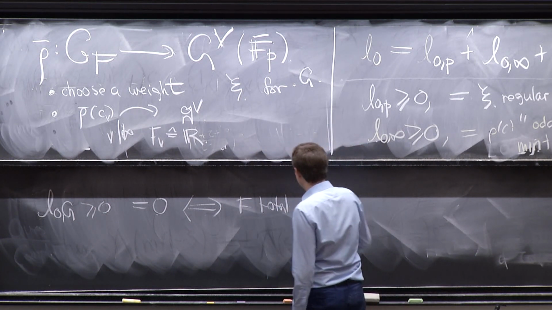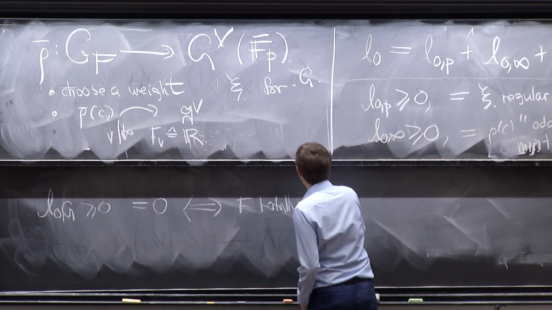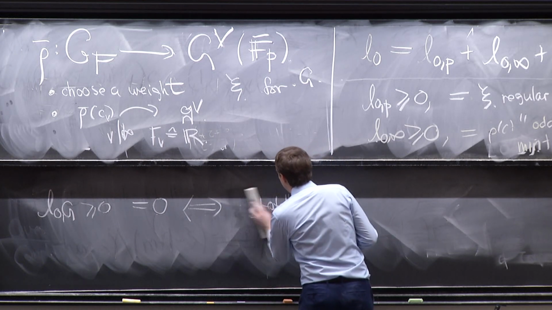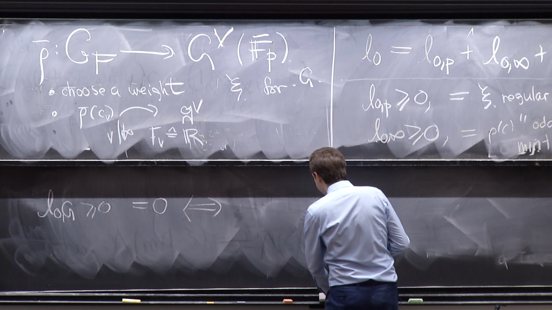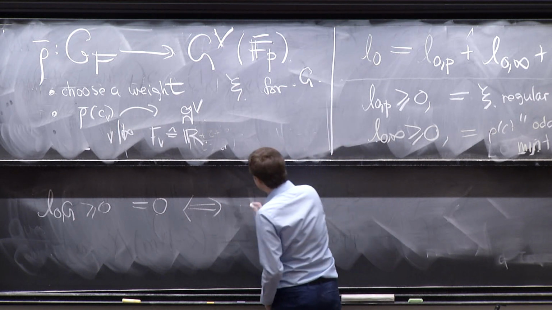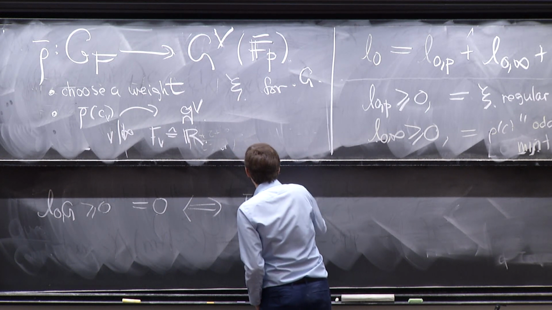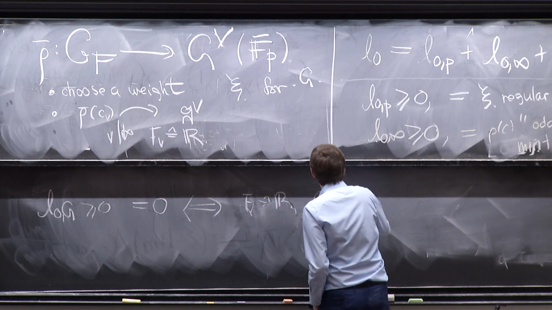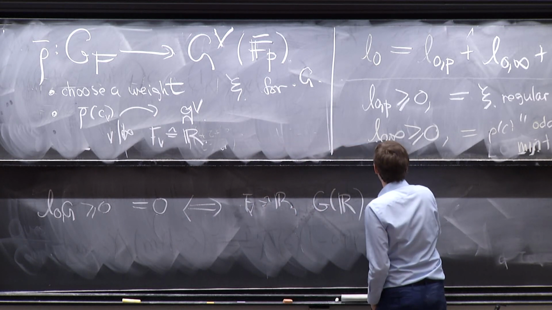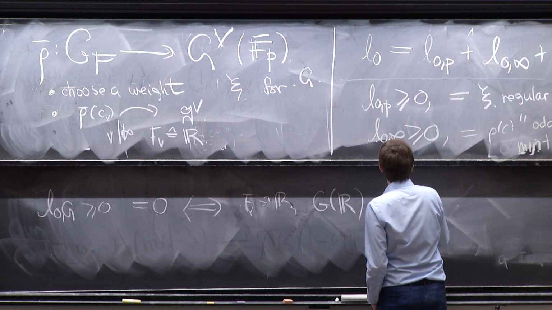Okay, there's one exception that you're going to see in a moment. But F, maybe I should say it this way. Fv is isomorphic to R. And when I take the group and I take the real points, this has discrete series.